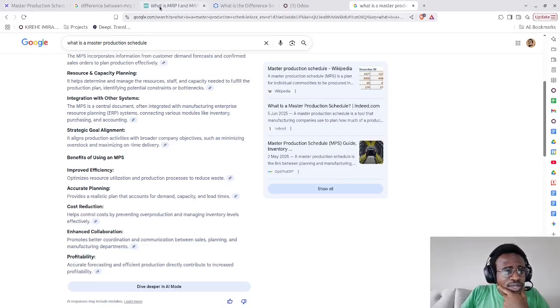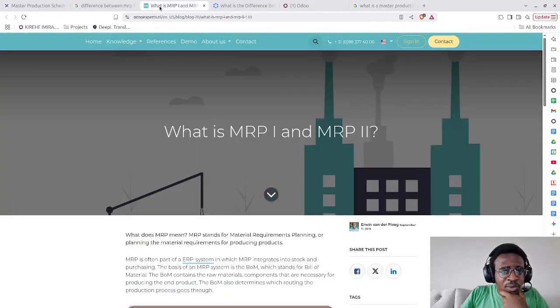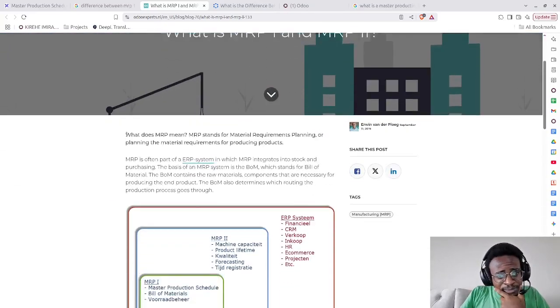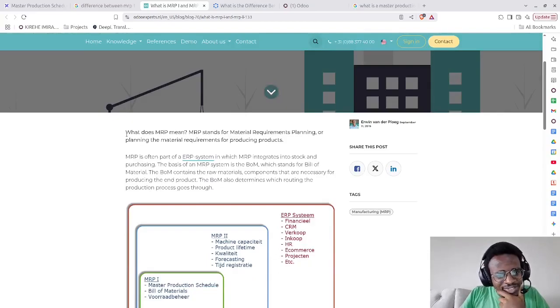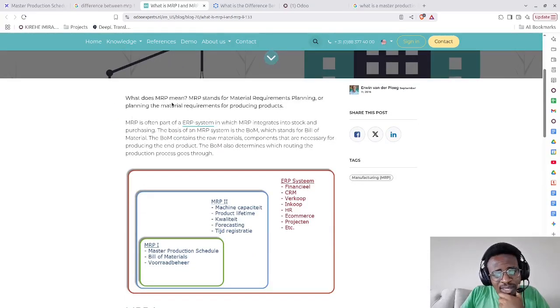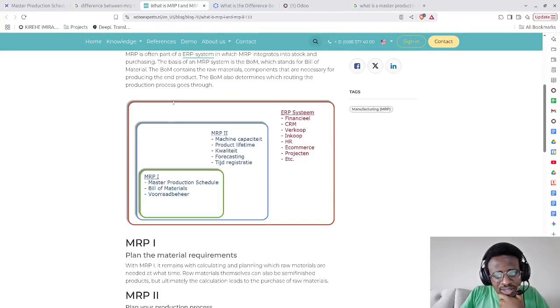And so if you search on the internet what is MRP1 versus MRP2, you'll find this wonderful blog by odooexperts.netherlands, .nl. So what does MRP mean? For those who love graphics, here is a graphic.